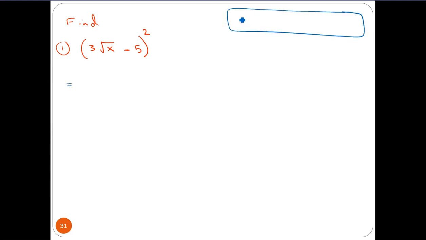شوف القانون. A minus B square, this equal the first square الأول مربع minus 2AB 2 مضروب الأول في الثاني plus الثاني مربع. الآن هذا قصدنا في الأول وهذا الثاني. 3 radical x, this is the first term, the second term 5.